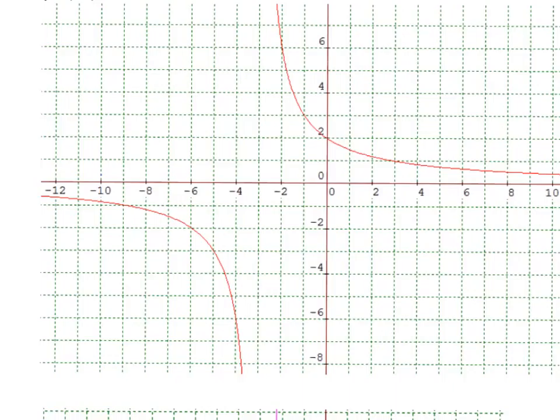Here, let's put our asymptotes in. We've got this one here, and in the middle here, it looks like that one there. So our asymptote is at this point here, x equals negative 3.